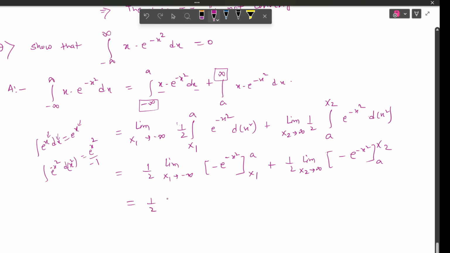So this will be half of, if you put the limit here, minus e to the power minus a square minus the lower limit x1 square.